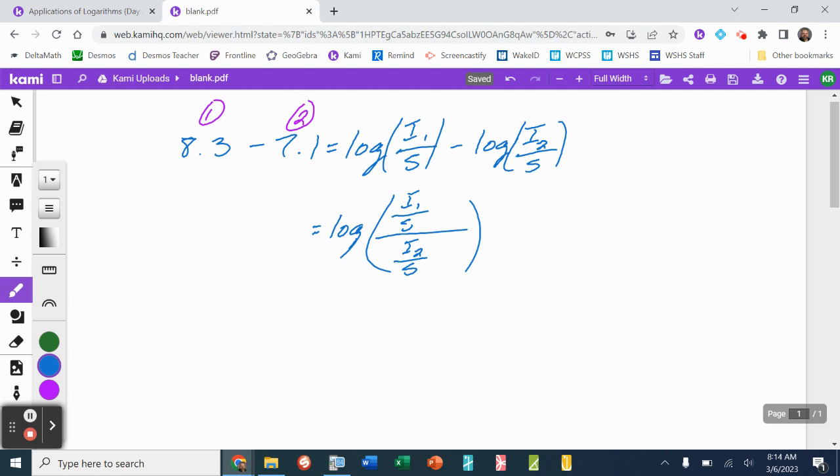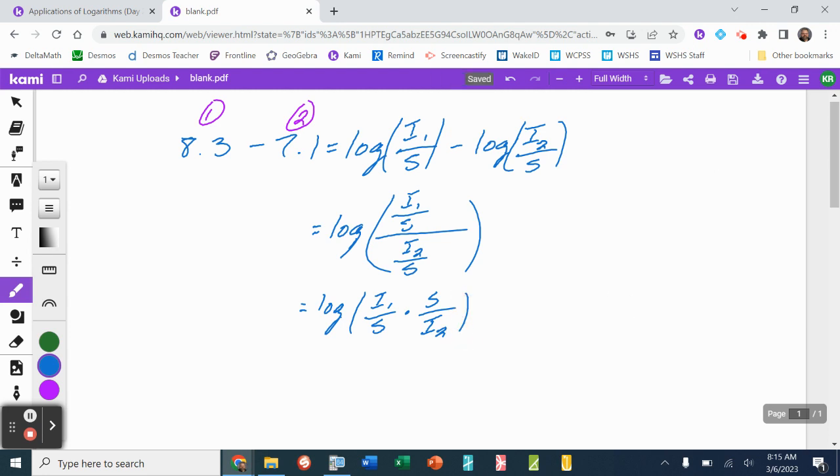Essentially we have a fraction divided by a fraction. If you recall division of fractions, I'm going to turn this into multiplication. So I'm going to have the intensity of the first earthquake, the 1906 earthquake, divided by the standard intensity, but then I need to multiply by the reciprocal of the denominator, so the standard intensity over intensity 2.